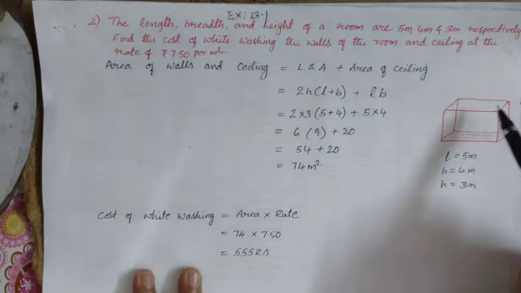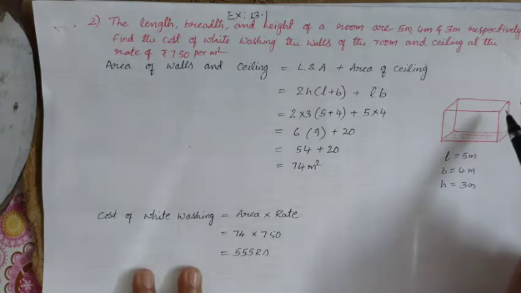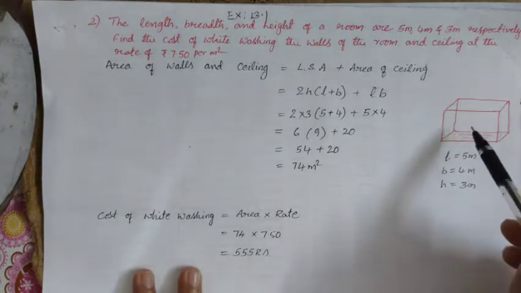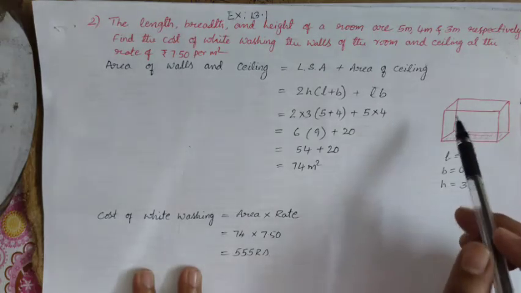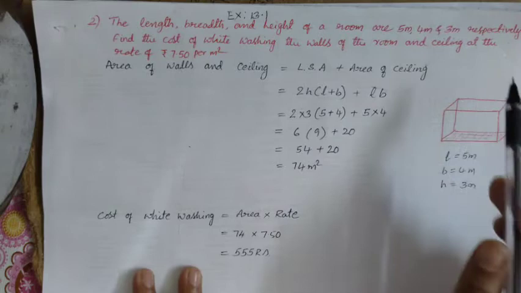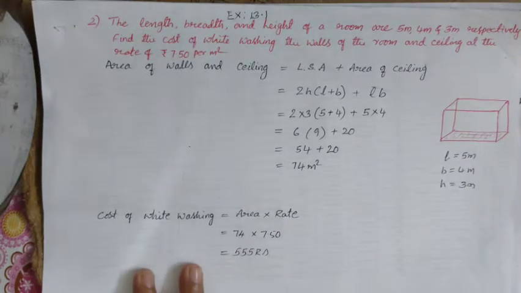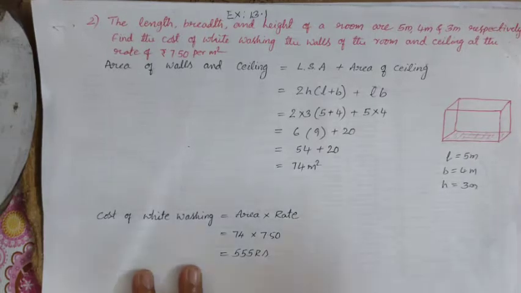Whitewashing means painting the walls of the room. In a room there are 4 walls, so the walls of the room and the ceiling. Ceiling is nothing but the top area.